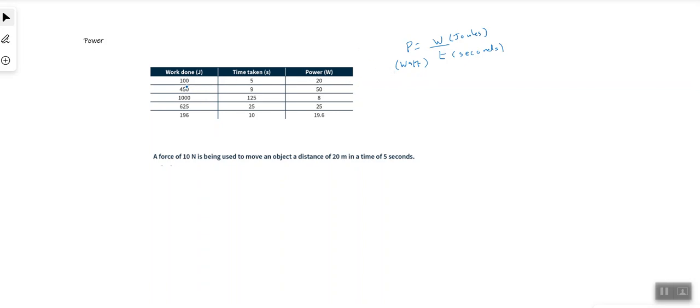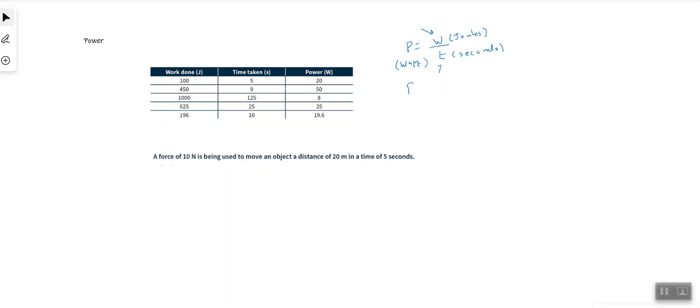So if we have a look at this table, it shows the relationship between work, which is in joules, and time. If we take the first one here, there's 100 joules of work that was done. The time taken was 5 seconds, so therefore the power is 20. Where does that come from? It just comes from the formula.